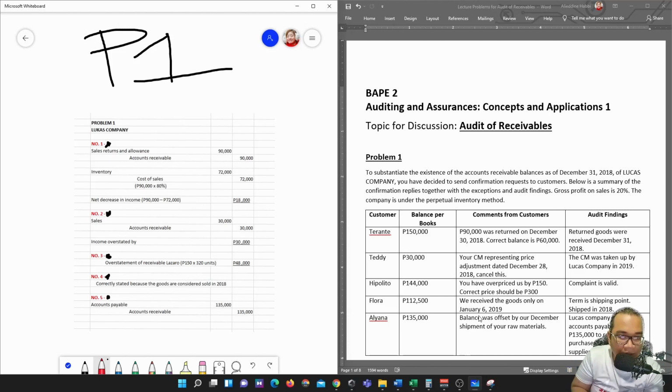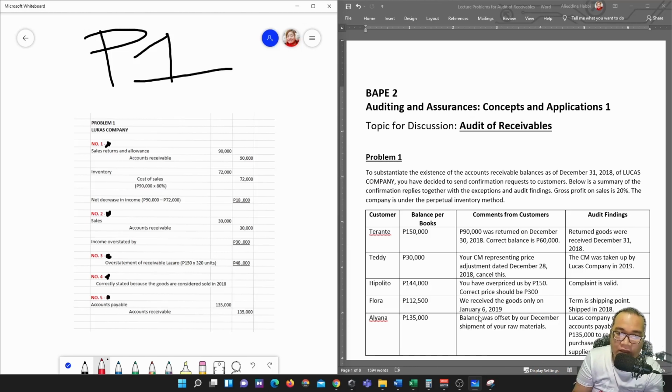Kasi ang allowance for doubtful account is basically a contra receivable account, diba? Tas yung next, yung sa receivable financing, yung pledging, assignment, discounting and factoring.